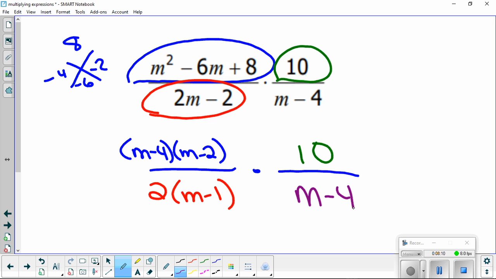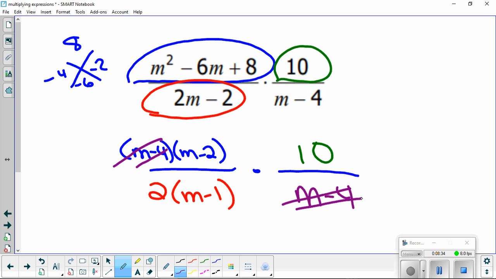Okay. Here comes the part that I love. Let's cancel anything that matches. So do I have any matchers up there on top and bottom that I can cancel? M minus 4, you got it. M minus 4 goes, M minus 4 goes. Those guys are gone. Now, I feel like I'm almost done, but do I have any numbers that I can cancel? Just plain single guys.